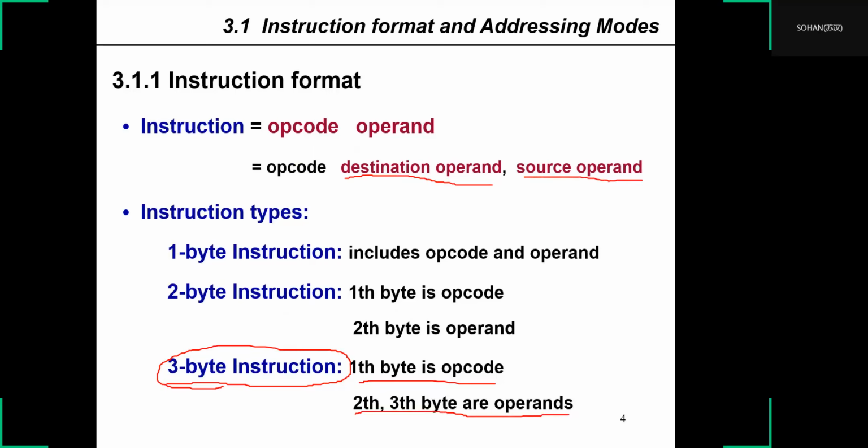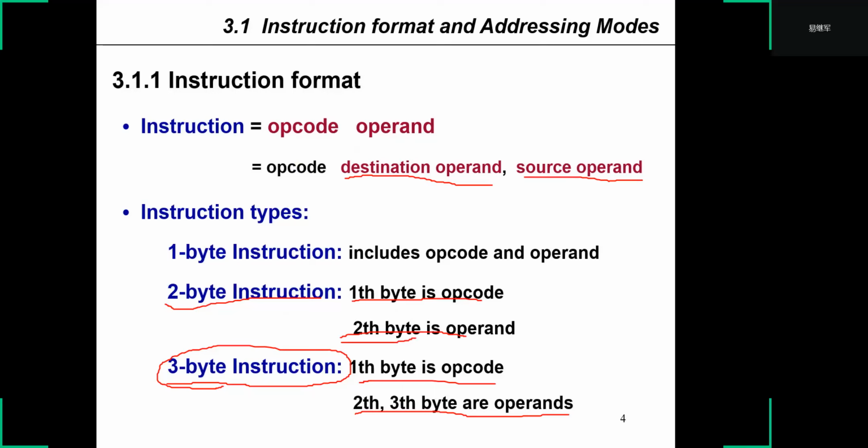If we have a 2-byte instruction, the first is the opcode and the second is the operand.